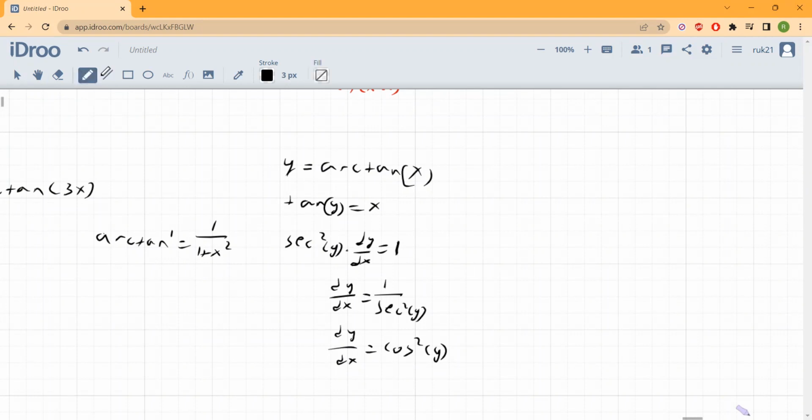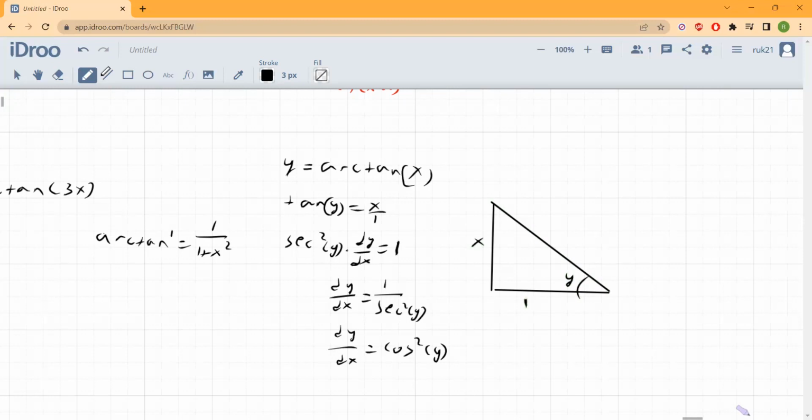We say that tan of y is x over 1, so if we draw a triangle, we call this angle y, with x on one side and 1 on the other.